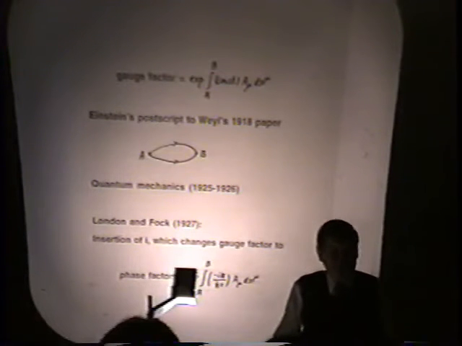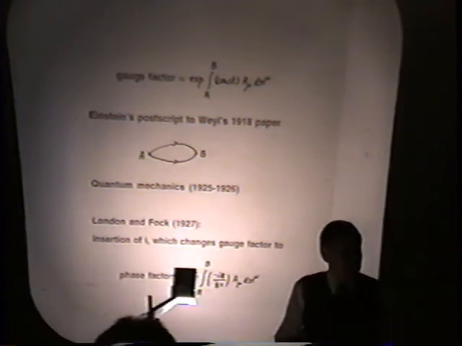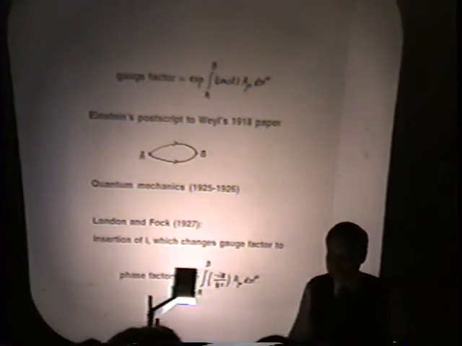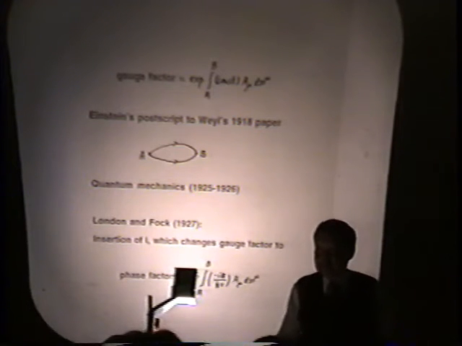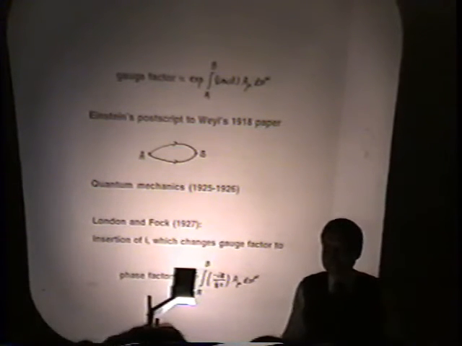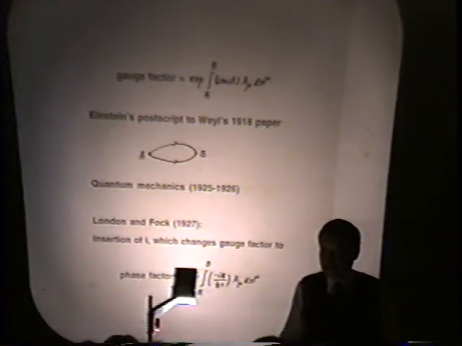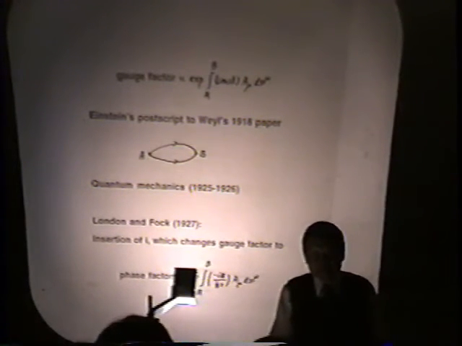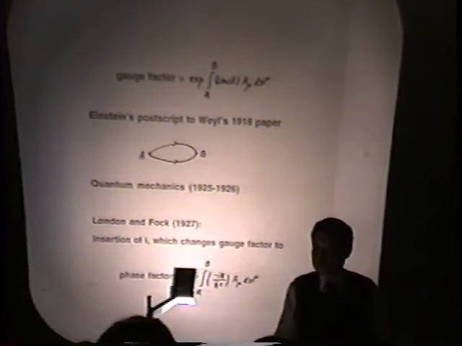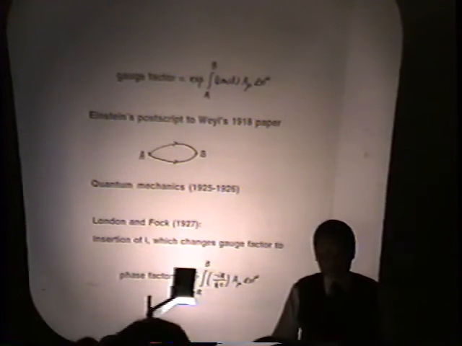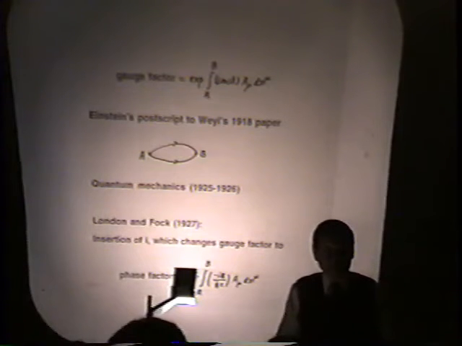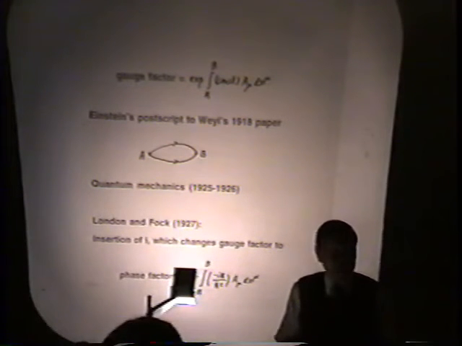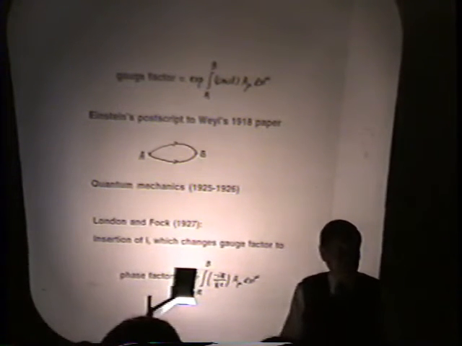It was a devastating argument, but fortunately the editors did not reject Weyl's paper. They published Weyl's paper, but they showed Weyl Einstein's objection before the publication. So Weyl wrote a postscript, which was also published. And I read the postscript several times. It's philosophical.